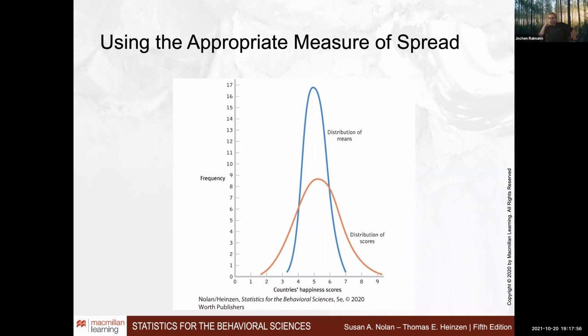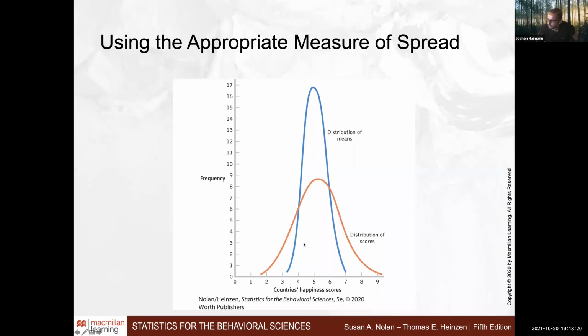So again, the country happiness scores: we have the distribution of the scores, and we have the distribution of the means. It becomes narrower, and the amount it's narrower is caused by the division by the square root of n.